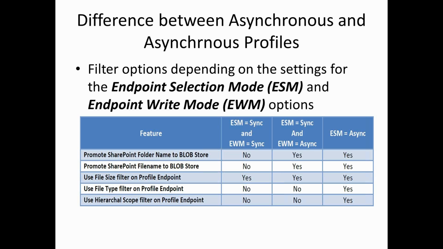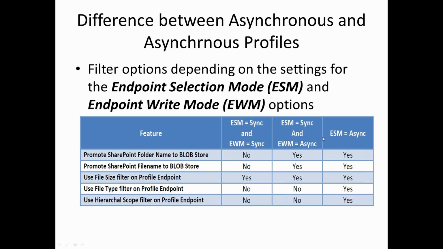You have the option of promote SharePoint folder names to blob store, promote SharePoint file name to blob store, and use file size. So you only have the condition file size filter on profile endpoint. You can only have this condition when you do sync and sync, and the rest of the filter conditions are not available.